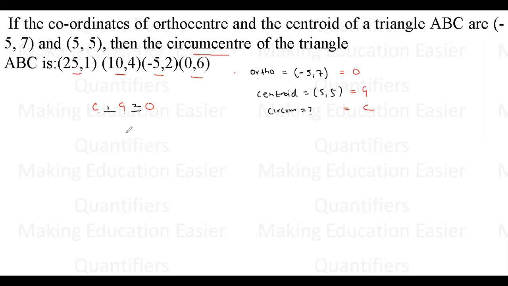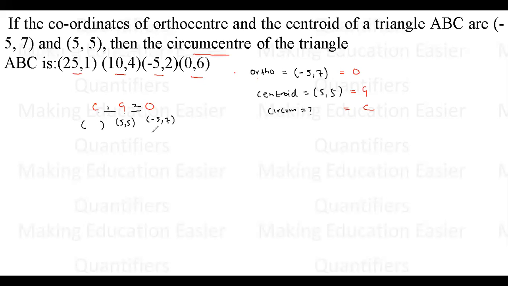So now let us write the coordinates. Coordinates of orthocenter is given minus 5 comma 7. So I'll write minus 5 comma 7 here. Coordinates of centroid are 5 comma 5. And we need to find coordinates of circumcenter. So now I'll tell you a very easy way of doing it.